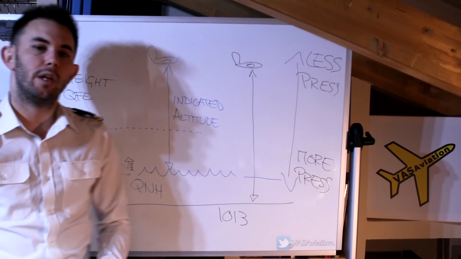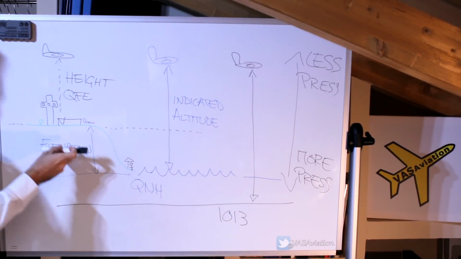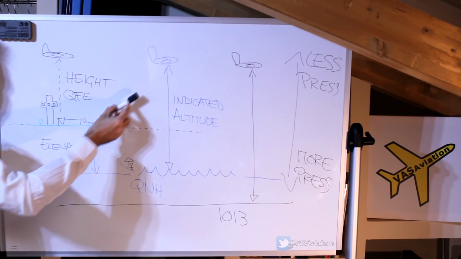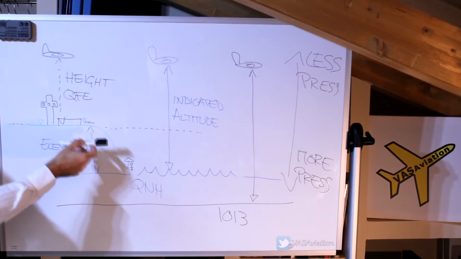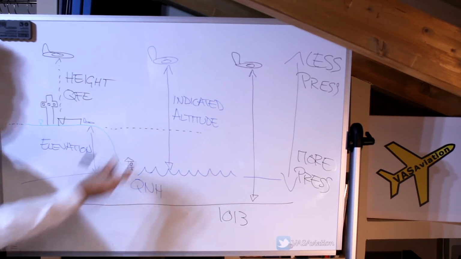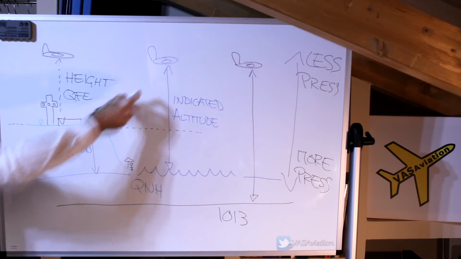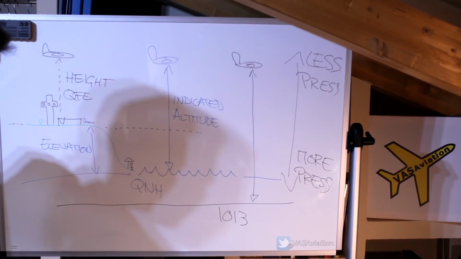And why is QNE used? As we depart from an airport and climb through the transition altitude, we change from QNH to QNE. As we descend, we change from QNE to QNH. Why is that?